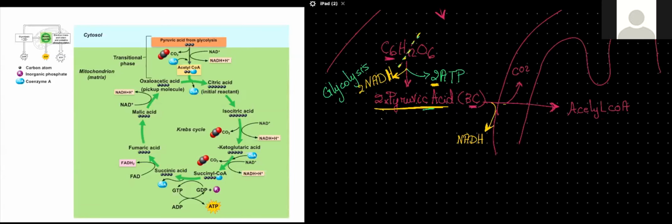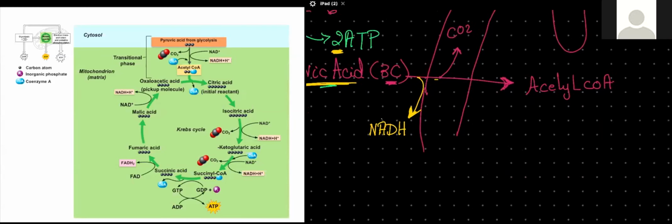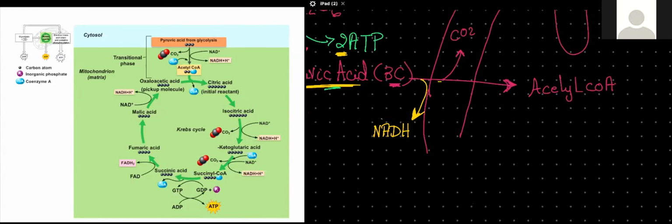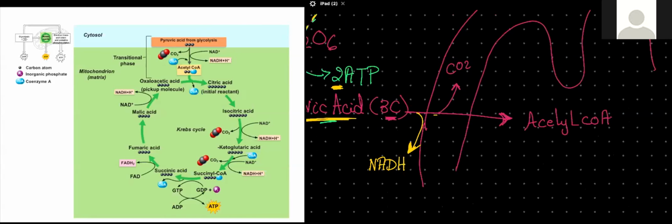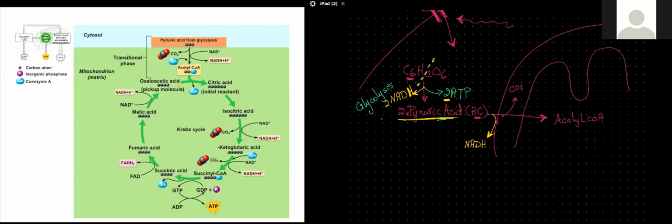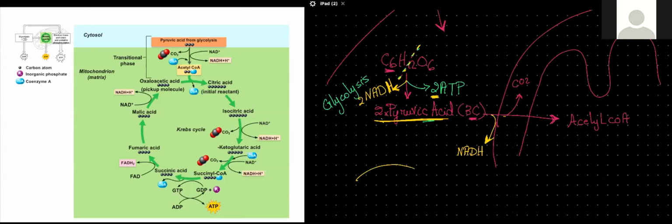The acetyl-CoA is going to be passing through a cascade of chemical reactions on the inside of the inner membrane of the mitochondria. If you remember how the mitochondria looked like, it had an outer membrane and an inner membrane like this. So here we've transported the acetyl-CoA to the inside of the inner membrane of the mitochondria.